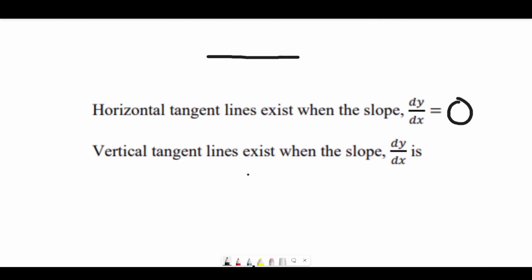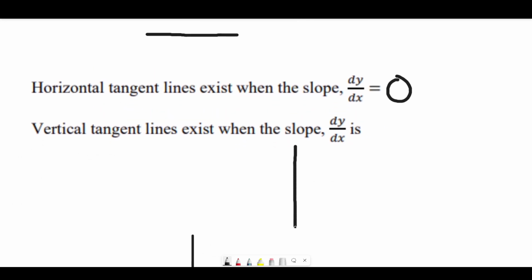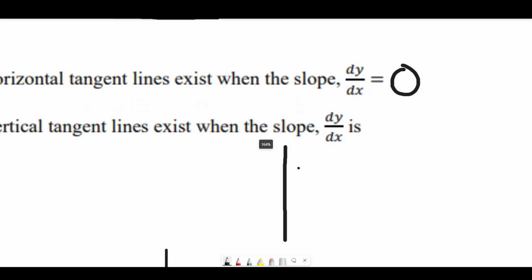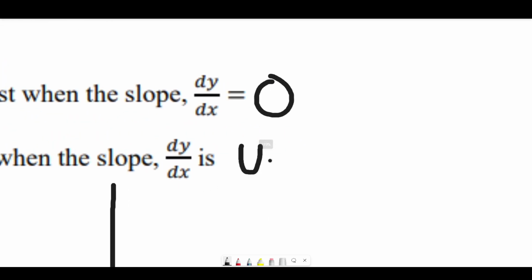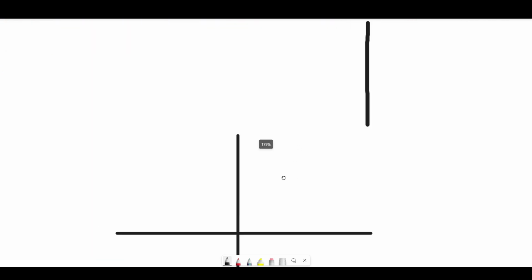And then with vertical tangent lines, if our slope looks like this vertical line, it's going to be undefined because it's infinitely decreasing and increasing. So I'll draw a quick example.